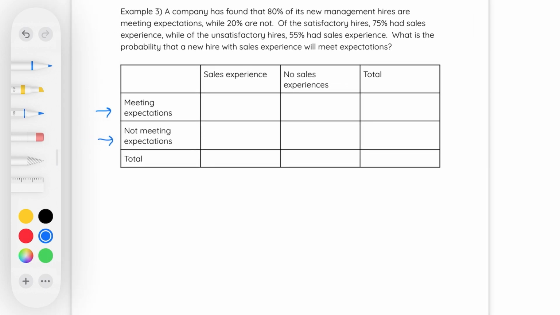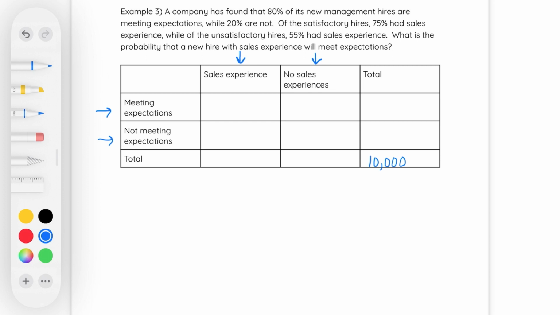And then they're talking about having sales experience. So then we're also going to have sales experience or not have any sales experience. What is the probability that a new hire with sales experience will meet expectations? So we're comparing sales experience and meeting expectations. Let's assume that we have 10,000 new hires. And then we'll fill in the table.